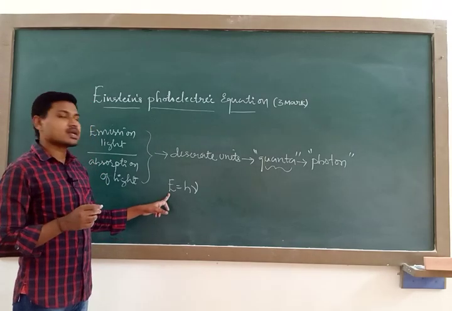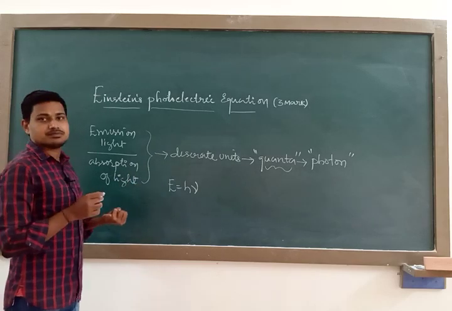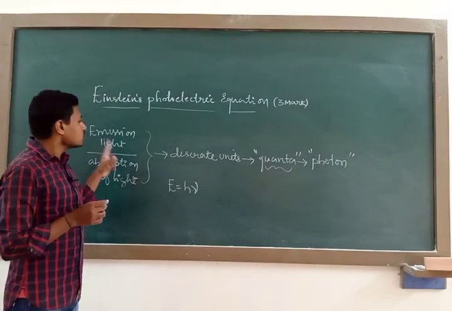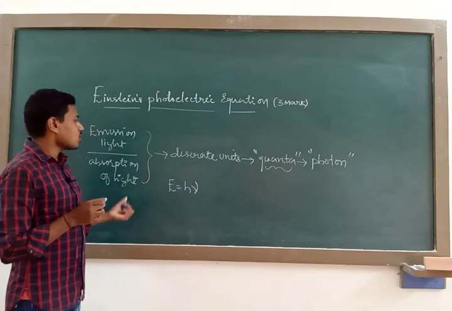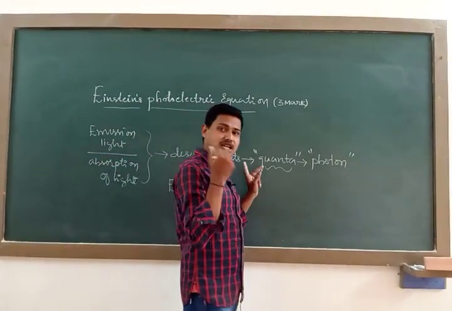According to Albert Einstein, if light energy is emitted or absorbed by the surface, the emission or absorption takes place in the form of discrete units.